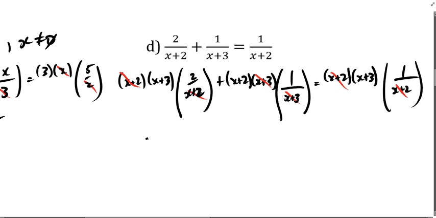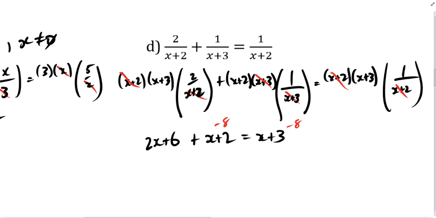Okay, simplify: 2x plus 6 plus x plus 2 equals x plus 3. I'm going to subtract 8 from both sides and add x to both sides. So actually I can just do this, these two x's cancel each other.